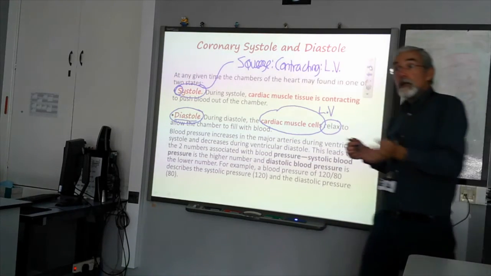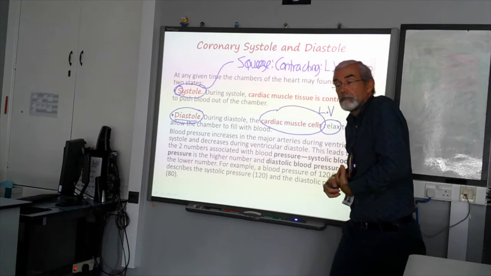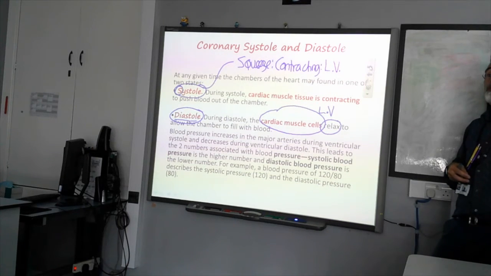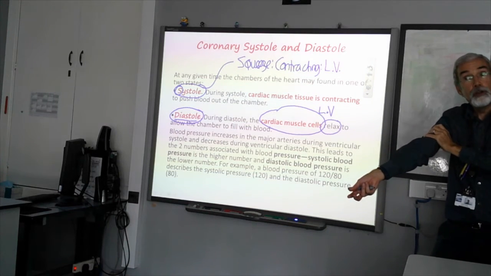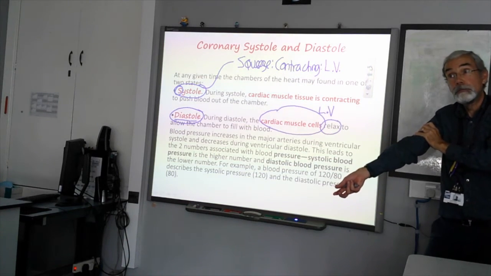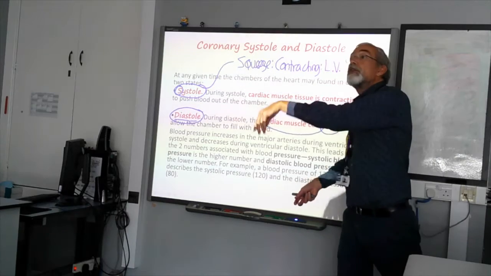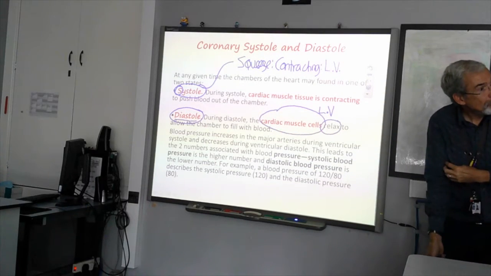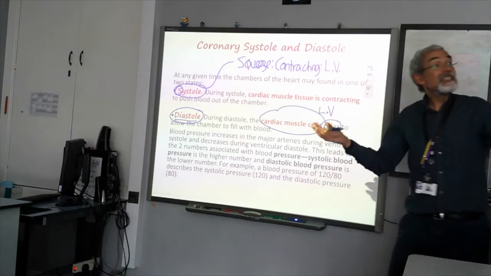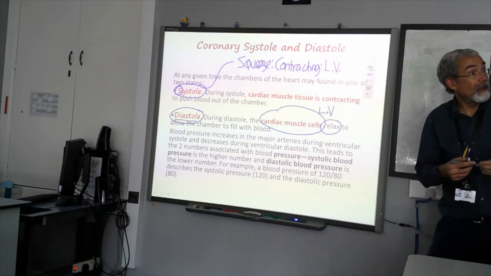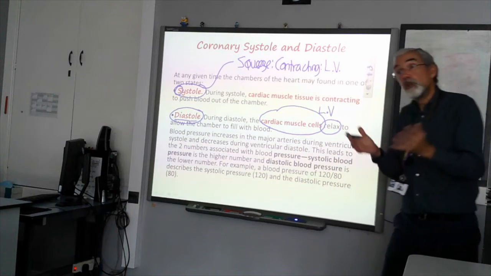So effectively, left ventricle contracts, boom, pressure goes through the roof, you measure that high pressure in an artery, normally in your arm, boom. When the left ventricle relaxes, blood pressure drops to its lower value, that is in between heartbeats. In other words, that left ventricle is filling, it is no longer squeezing.